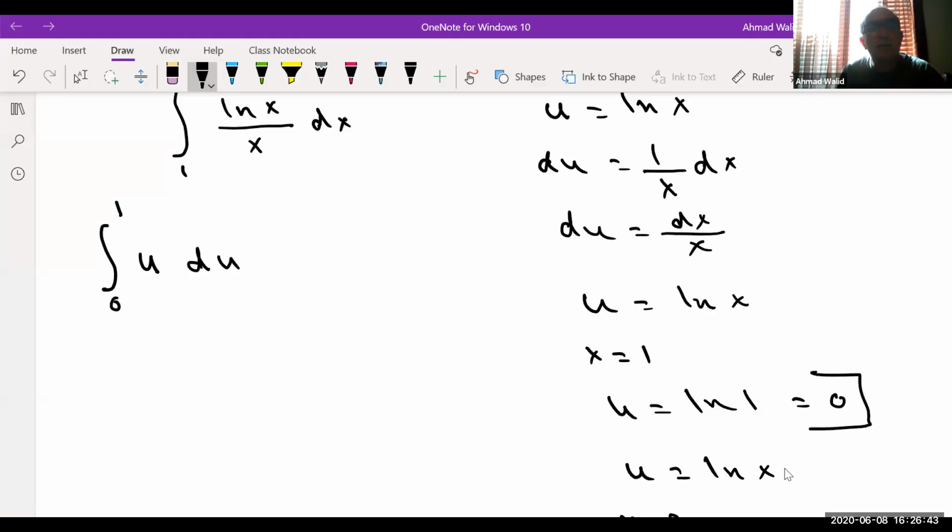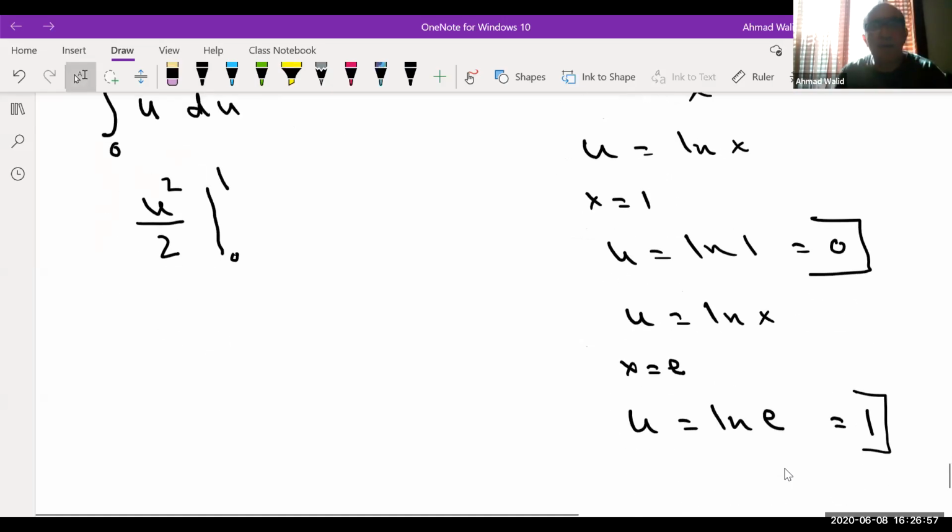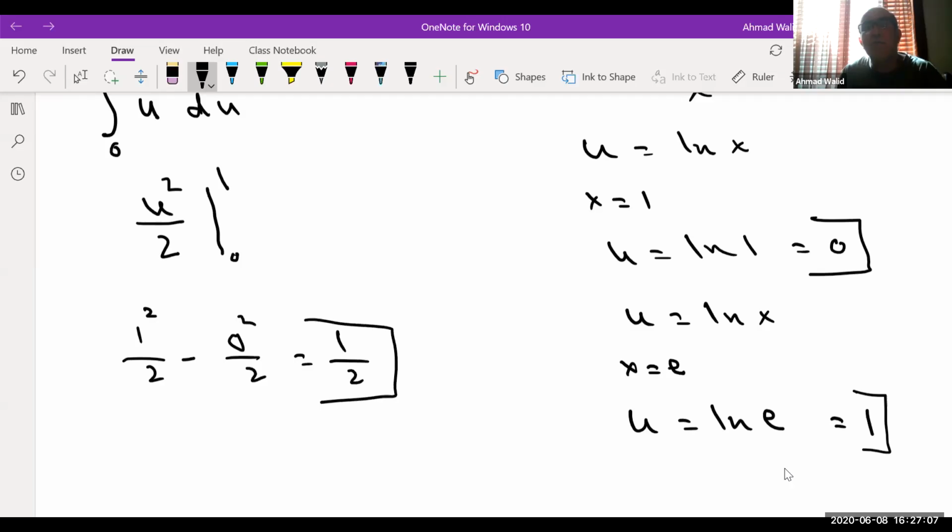What is the integral of u? The integral of u will be u squared over 2, from 0 to 1. Now, plug in the upper bound, plug in the lower bound. It will be 1 squared over 2 minus 0 squared over 2, which gives you 1/2, the final answer. Correct?